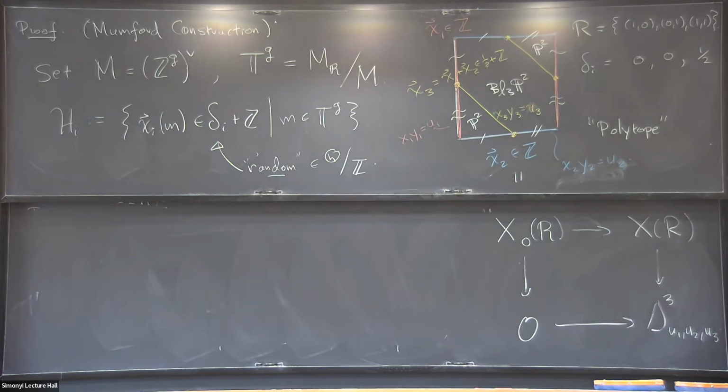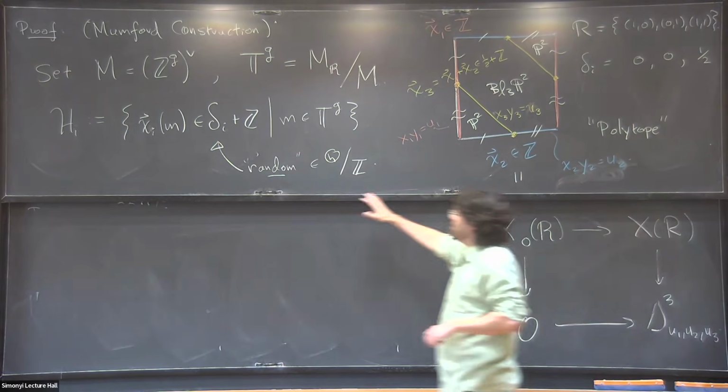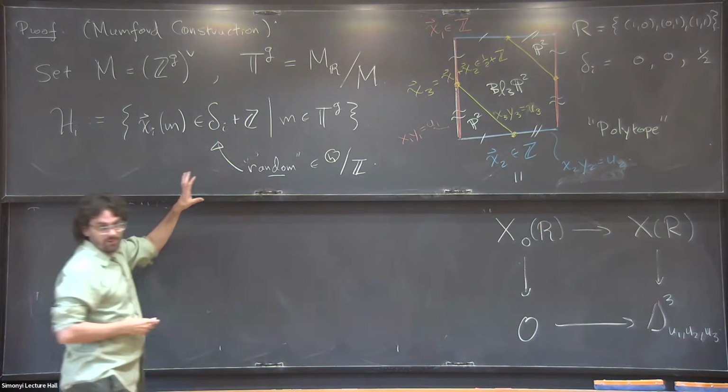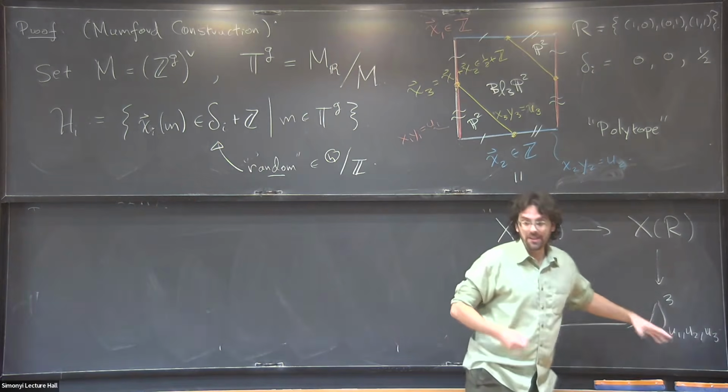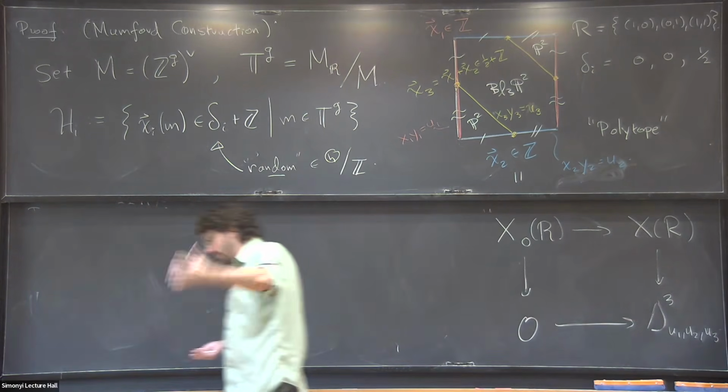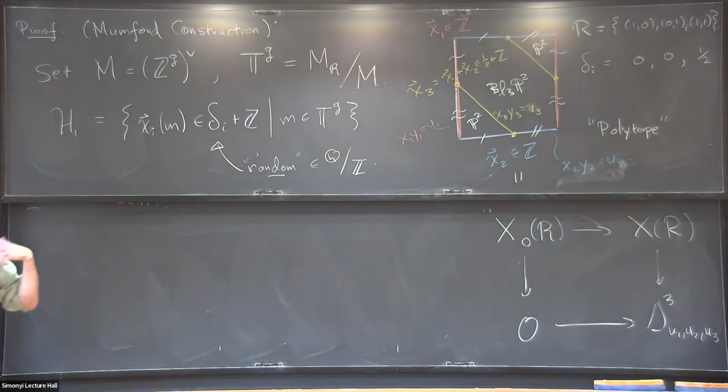Yeah, so the correct way to do this: I've sort of described the geometry of the central fiber and its smoothing, but the way that you actually construct it is that you take a certain infinite type toric variety that fibers over the 3-dimensional polydisk, and then you quotient that toric variety by an action of Z squared.